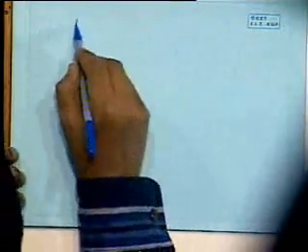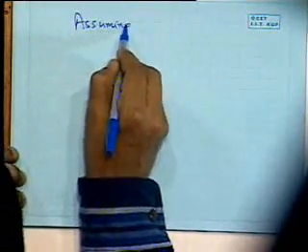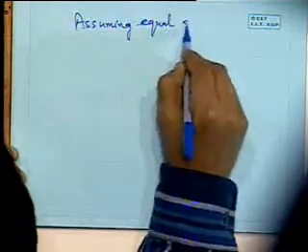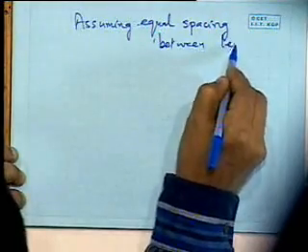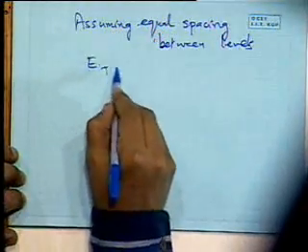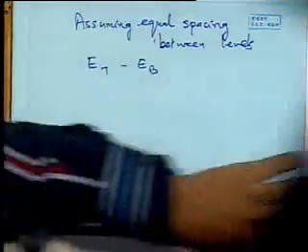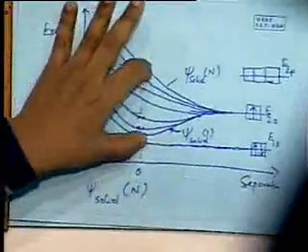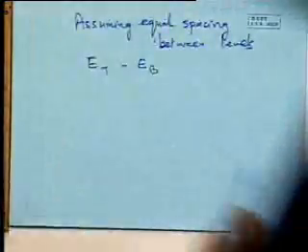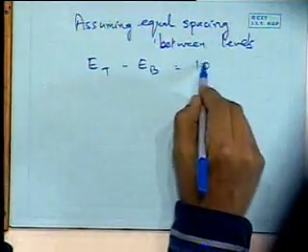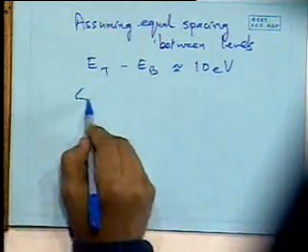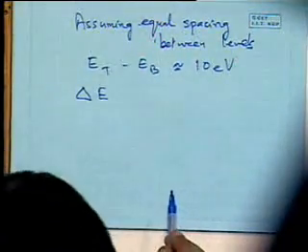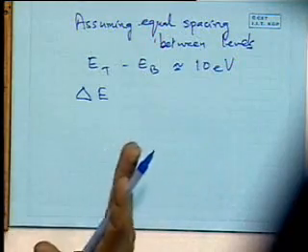Now we can look at a rough estimate, assuming equal spacing between levels, which is not true. Remember what ET and EB are: the gap here. Given that the difference between ET and EB is, say, roughly of the order of 10 electron volts, you are asked to determine the energy separation when they are at the equilibrium position.